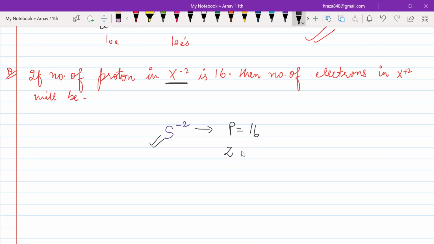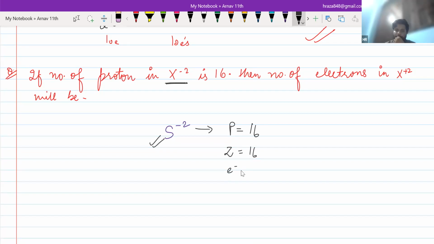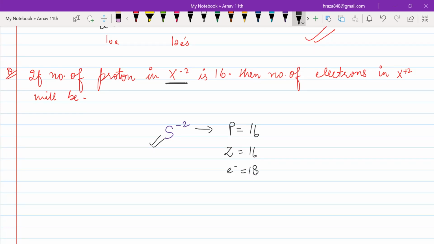What is the atomic number? 16. What is the number of electrons in S minus 2? It's S minus 2, so it'll be 18.